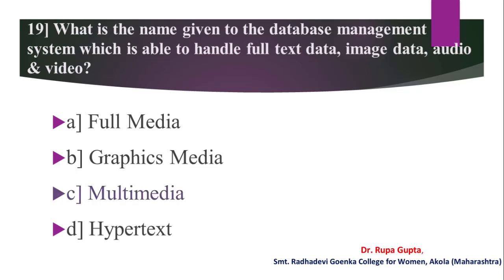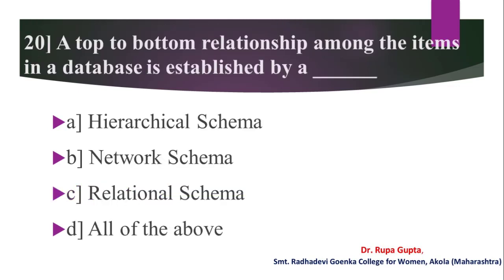And the answer is C. Multimedia. Question number 20. A top to bottom relationship among the items in a database is established by a option A. Hierarchical schema, B. Network schema, C. Relational schema, D. All of the above. And the correct answer is A.